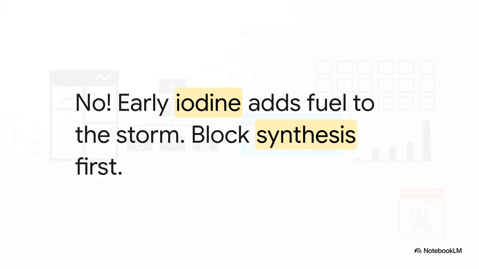No way! Giving iodine before the PTU has taken effect actually provides the thyroid gland with the raw substrate it needs to synthesize even more thyroid hormone. You will literally add fuel to the storm. You have to force that 1-hour delay to ensure the iodine blocks hormone release, utilizing what's known as the Wolff-Chaikoff effect, rather than fueling synthesis.